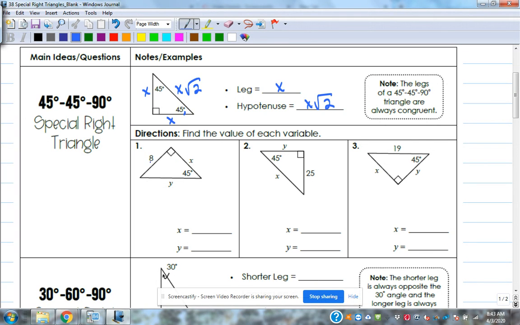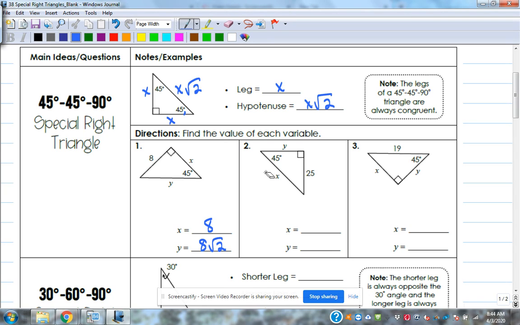So we know that these two pieces are the legs. So if this side is 8, then that side also has to be 8. And then the hypotenuse is going to be 8 radical 2. No Pythagorean theorem needed. Just go from there.